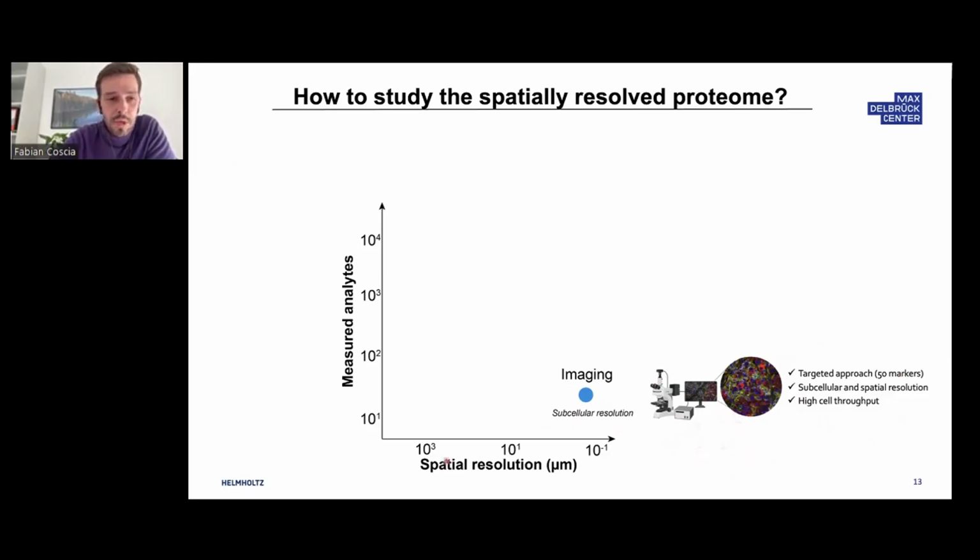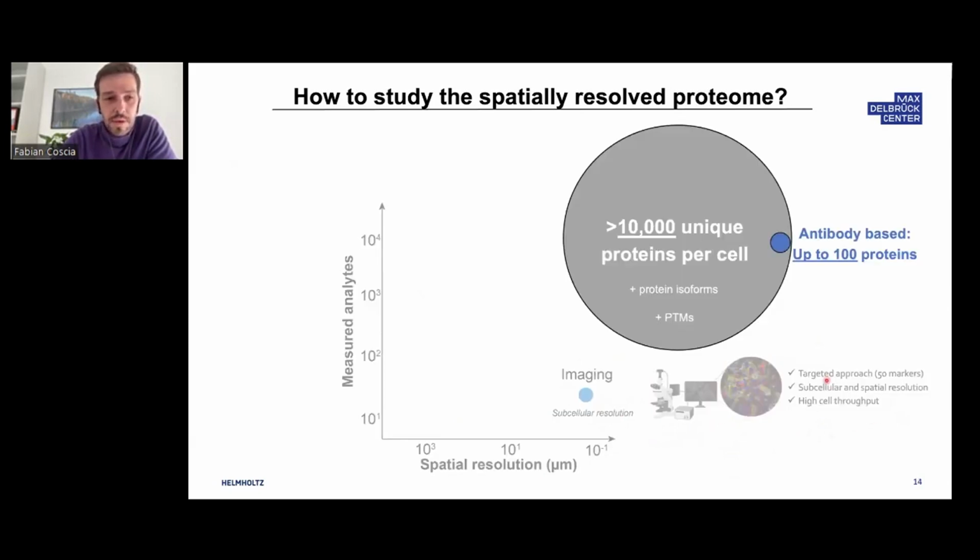If you plot their resolution compared to the analytes, you will find imaging-based approaches typically on the side with very high spatial resolution, but with a very limited number of analytes, of proteins, you can study.